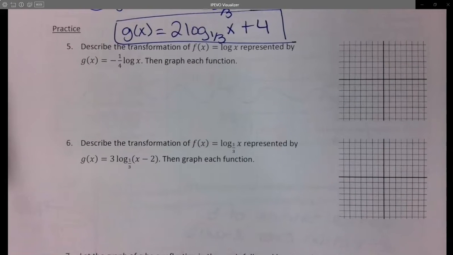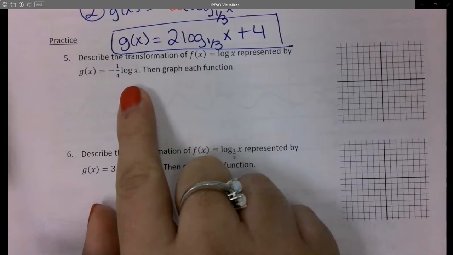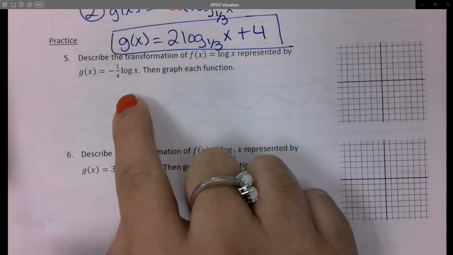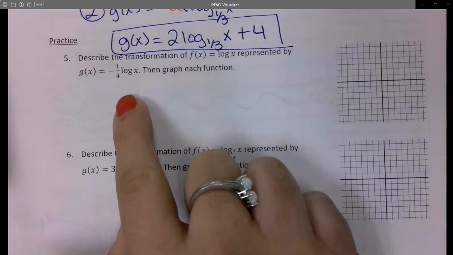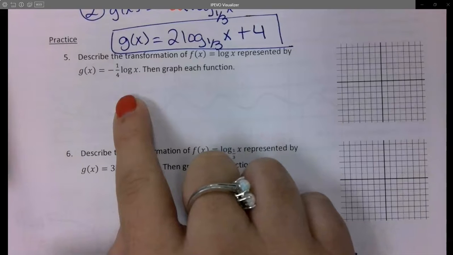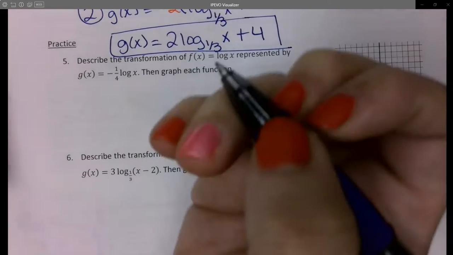Okay, so what did you guys get for the transformation from log of x to negative 1/4 of log? I just can't see that far. You might be right. Okay. So I have a reflection in the x-axis.